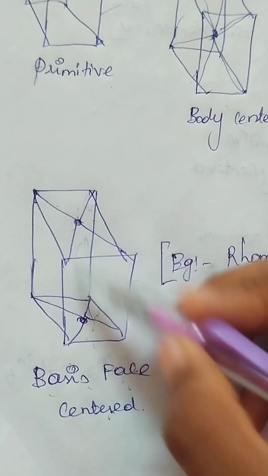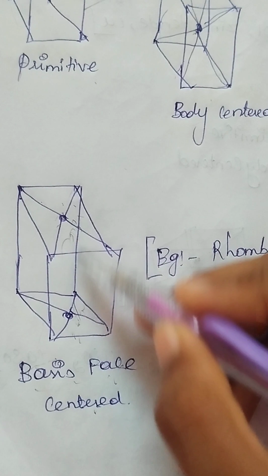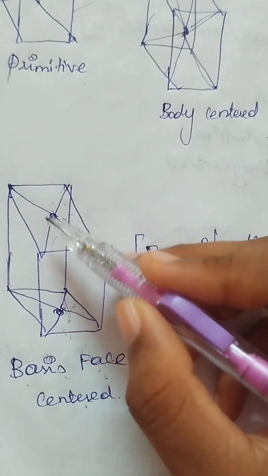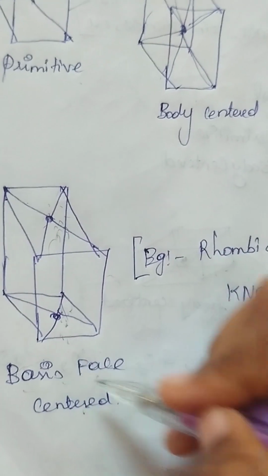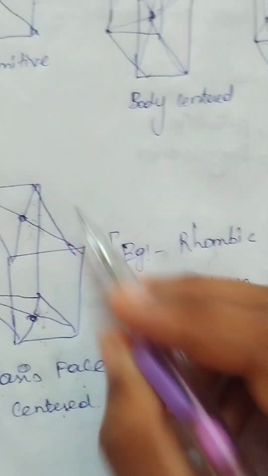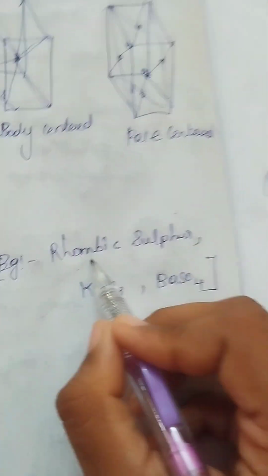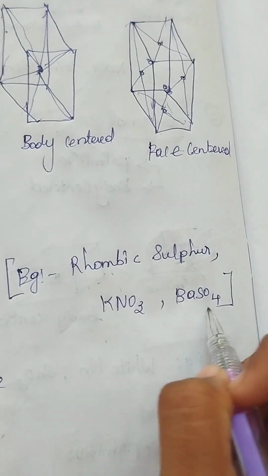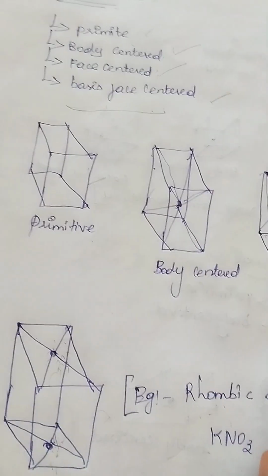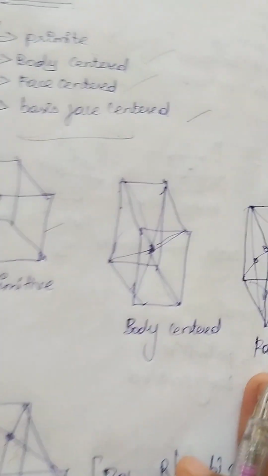And base face center: on the opposite faces of the cube we are adding one atom additionally. This is called base face center. The examples are rhombic sulfur, potassium nitrate and barium sulfate. These are the examples of the orthorhombic.